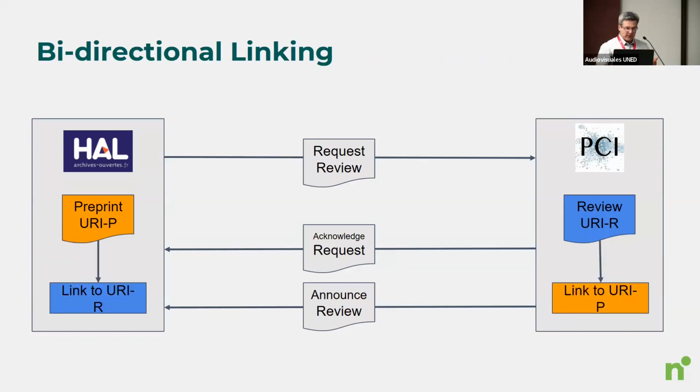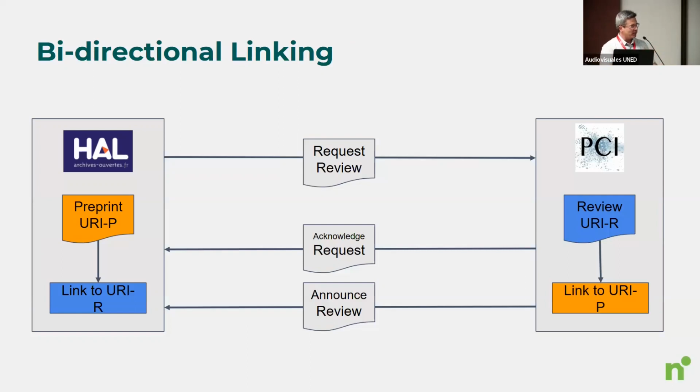And by here it is, I mean, we're now exchanging again information that contains both URIs, right? Which allows HAL to say, I have a manuscript, it's available at URI P, and it has been peer reviewed at PCI, and the corresponding peer review is available at URI R, right? So my PDF stays where it's at, my peer review stays where it's at, and we can now link.